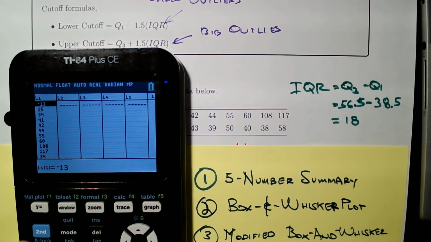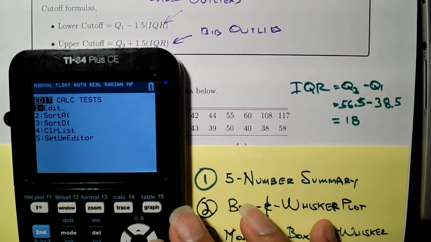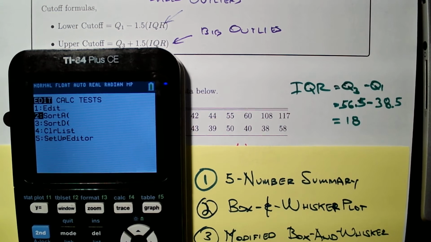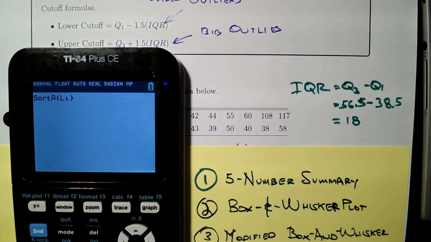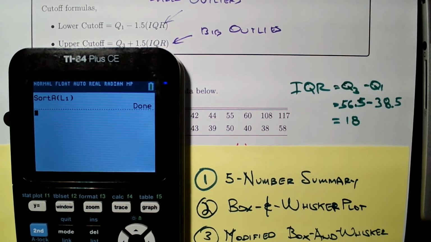So let me show you first how to order this data set. We're going to go sort A, and we're going to enter manually second one, which is for L1. That is the list that we want to sort, and it says it's done.